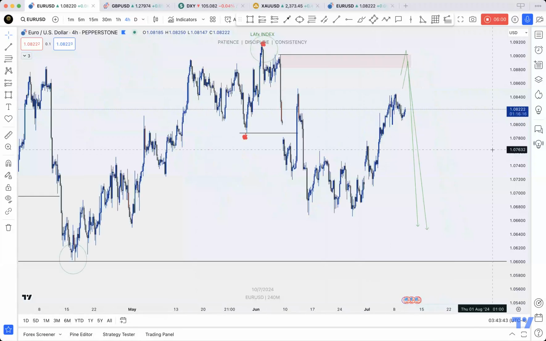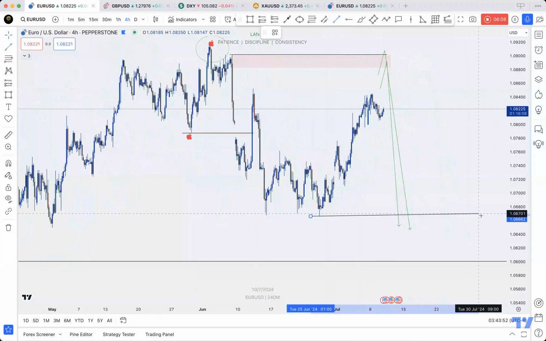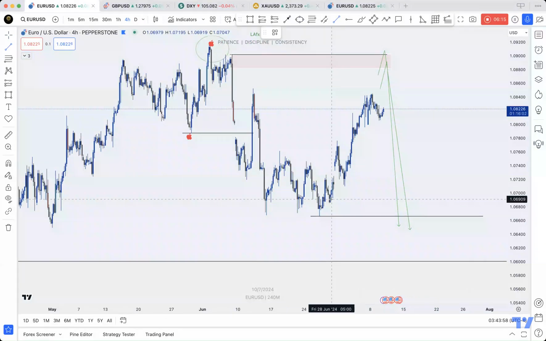Now, I'm only going to consider this to be our 4 hour high if price comes all the way to take this low, or even maybe that low, right?